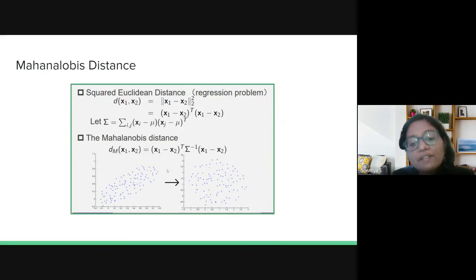So if I have sets of data that sort of cluster together, then I want to say they're equidistant or close to each other. This was done by introducing into our Euclidean distance formula the covariance and mean of the data. Mahalanobis is a famous statistician.